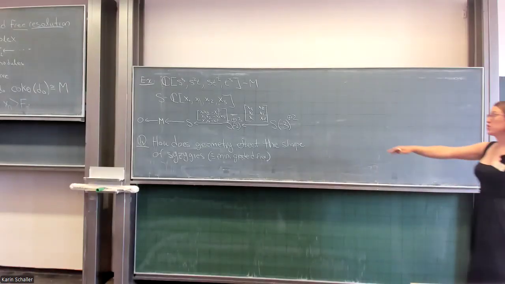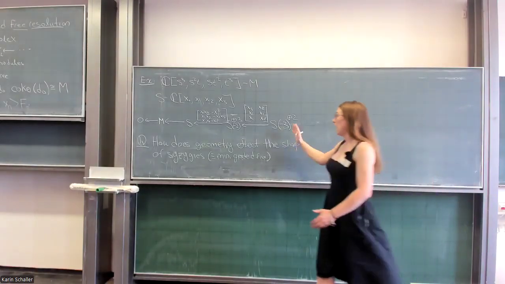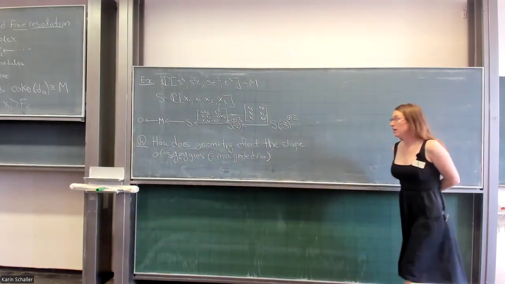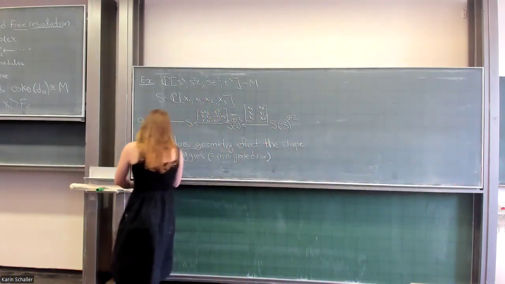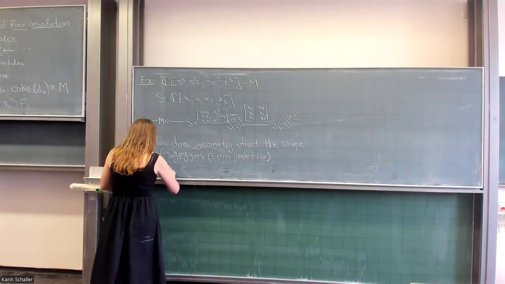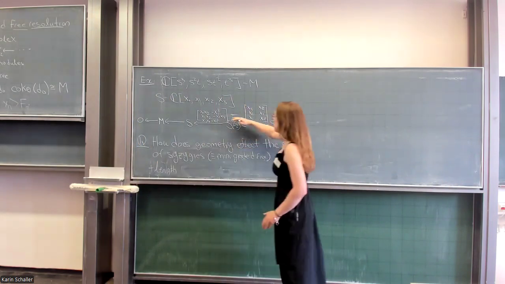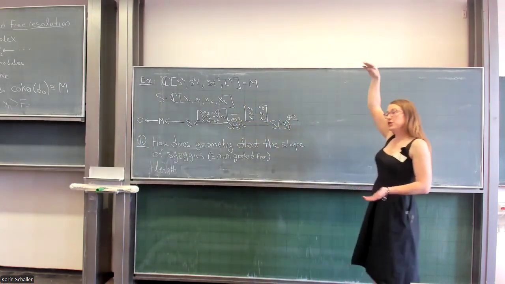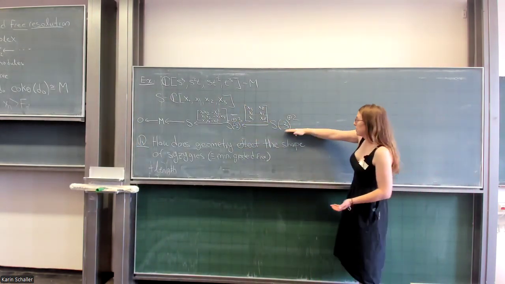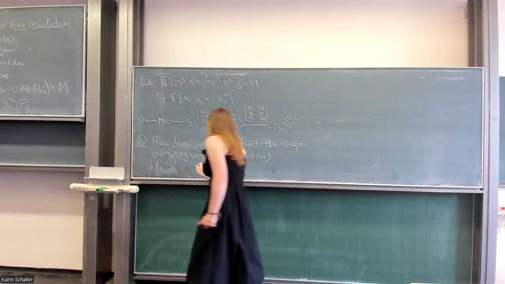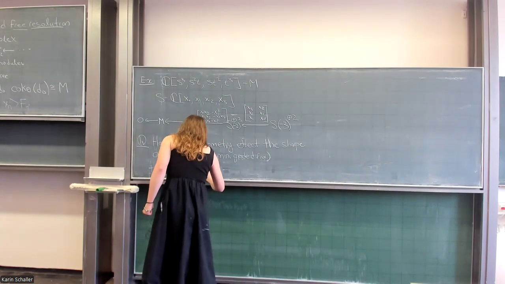So what do I mean by shape? I mean how long, so what is the possible length of this resolution? How many different generators do I have in each degree? If I had many generators, it would grow out this way. I often refer to that as the height, so the length, the height.